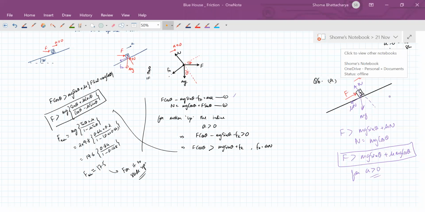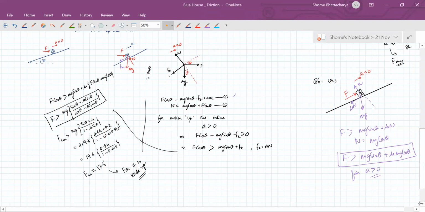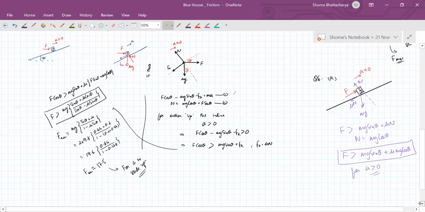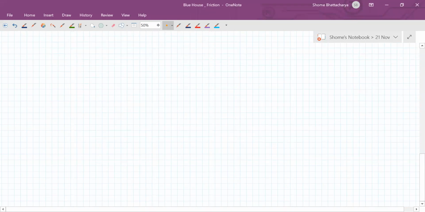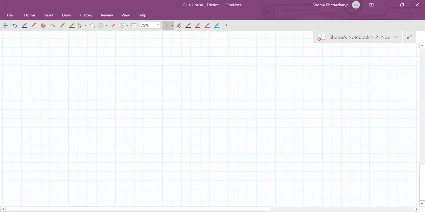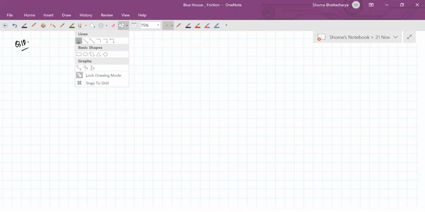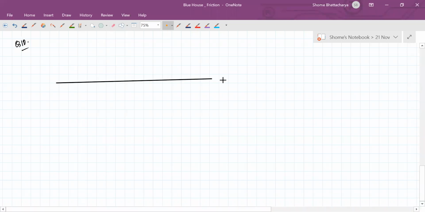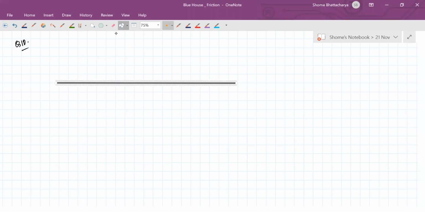Okay. Now let us move on to question number 10. So 10 is about that angle of friction. On a horizontal surface, we're having some kind of a block.